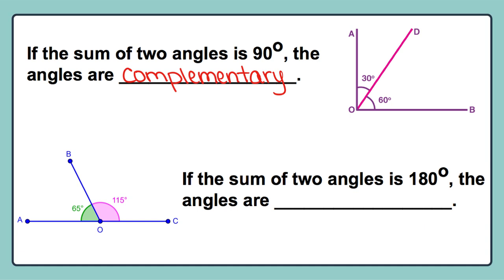Is it because they both have O in the middle? Nope, it's not because they both have O in the middle. Zoe? Because they add up to 90. Yeah, because 30 plus 60 is 90. That proves they're complementary. Yes, ma'am. But it's complementary if they make a right angle. Correct. It's complementary if it makes a right angle.